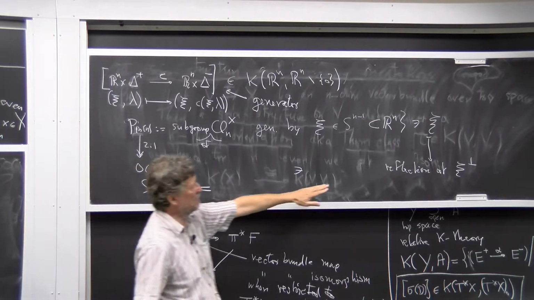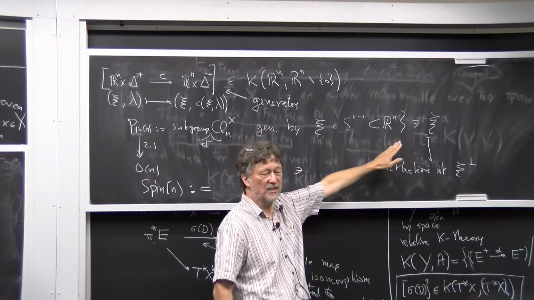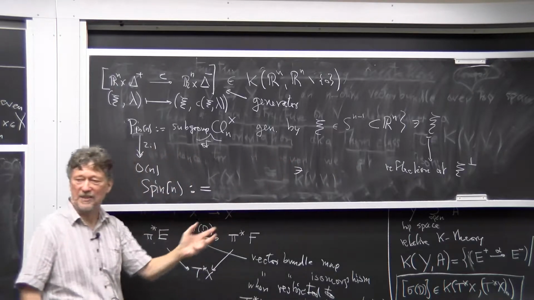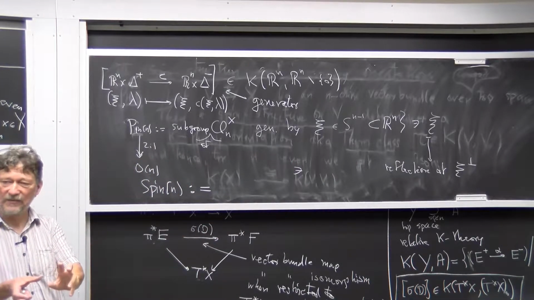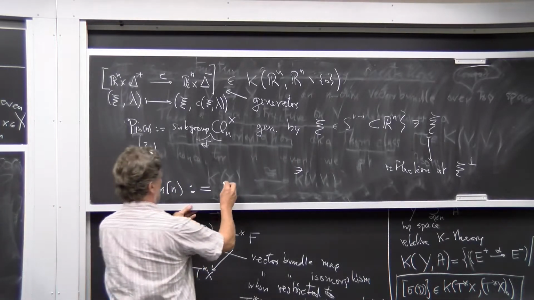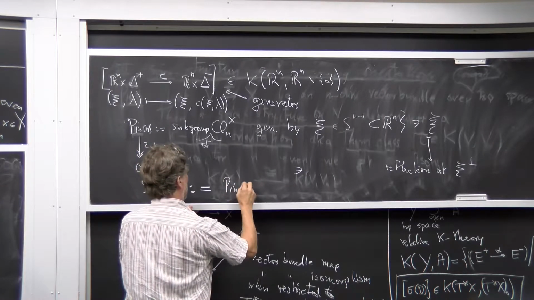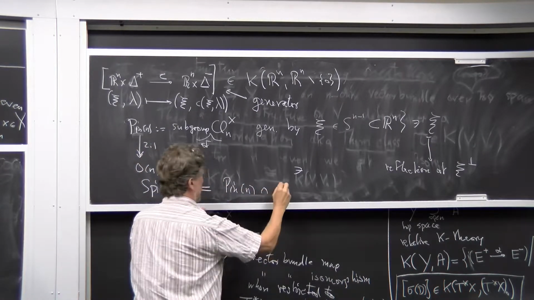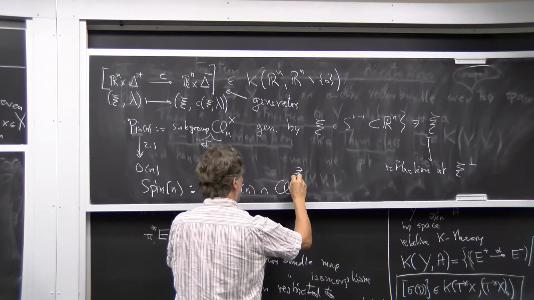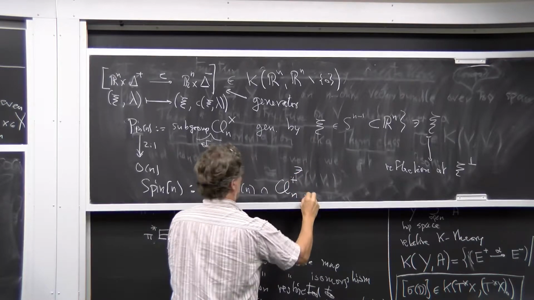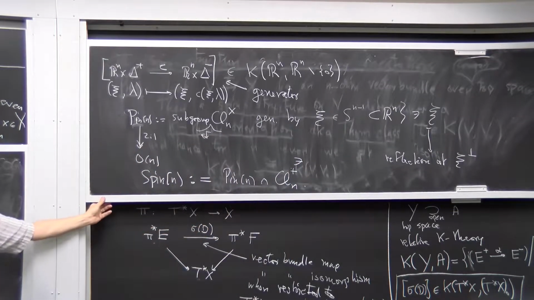It depends on how many reflections you have, which reflects a parity, whether you're in the even or odd part of the Clifford algebra. So you just take the group Pin(n), but only the even part of it, in the even part of the Clifford algebra. And that's a double covering of SO(n).